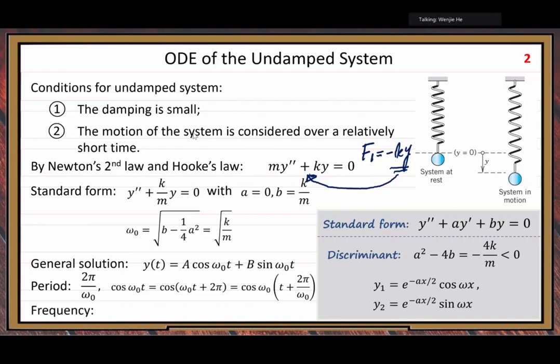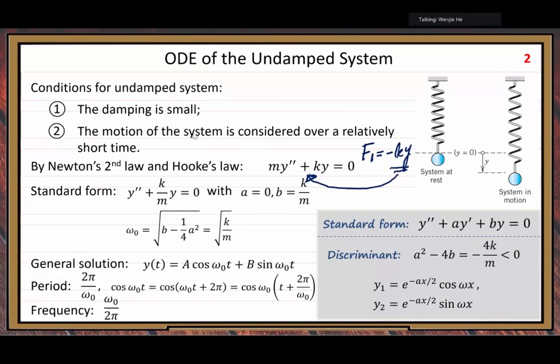Then frequency. Frequency is the reciprocal of the period, right? So the period and frequency are reciprocals of each other. So the frequency of the system is omega 0 over 2 pi.